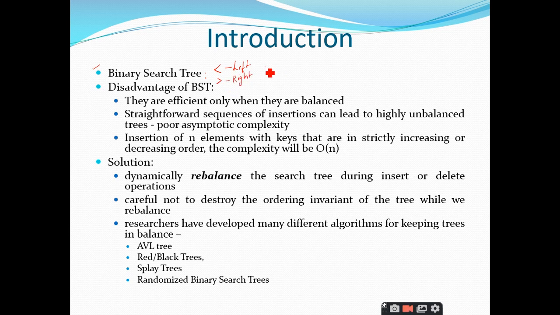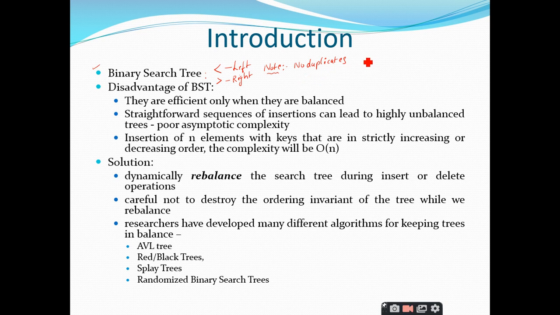One important note you should remember here is that binary search trees do not have duplicates. It does not allow duplicates. What do you mean by duplicate? Repeating the same element, the same value.